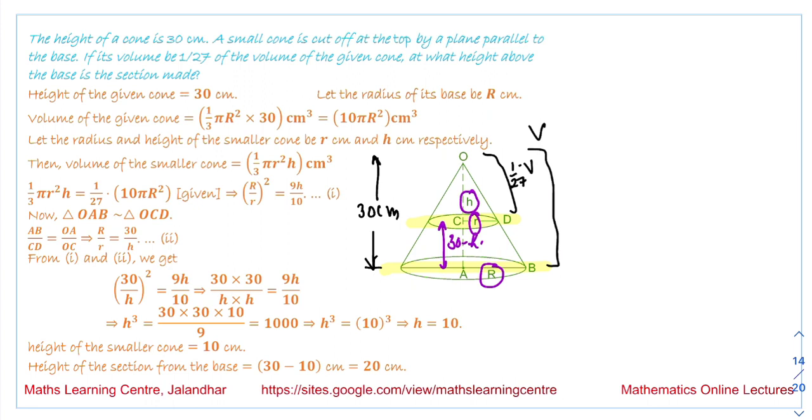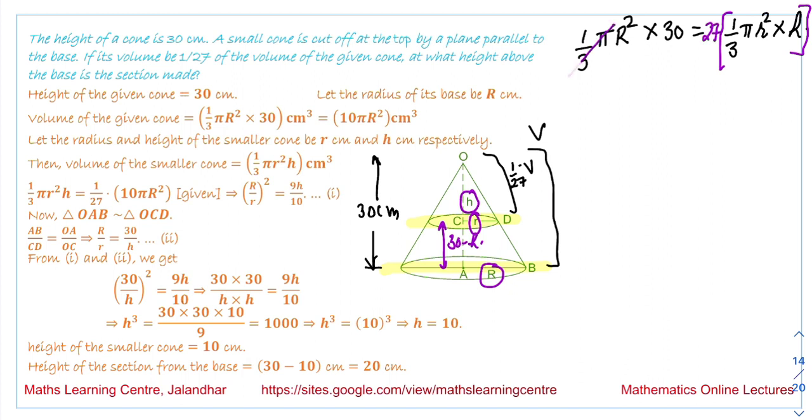So the volume of the larger cone is 1 by 3 pi capital R square, and the height of this cone is 30, and the volume of the smaller cone is equal to 1 by 3 into pi into small r square into the height of this cone, which we are saying is h. It is given that this value is 1 by 27th times this, so we are multiplying this value with 27 on this side.